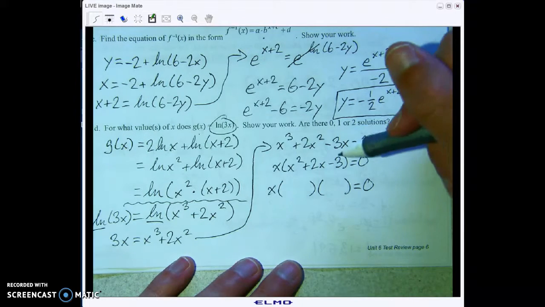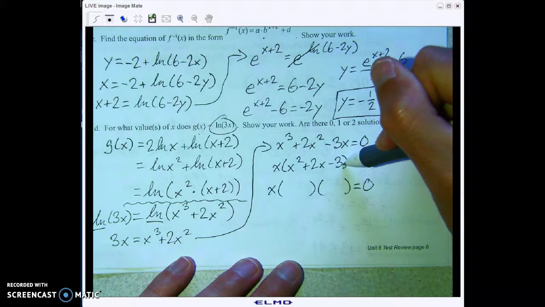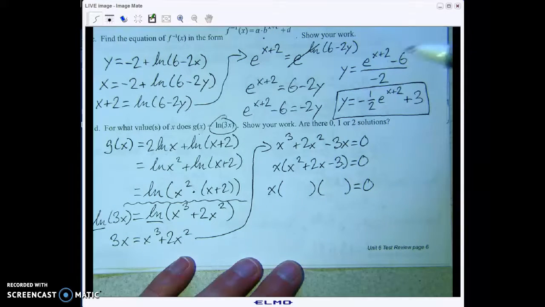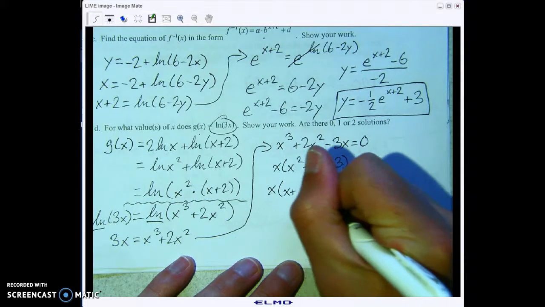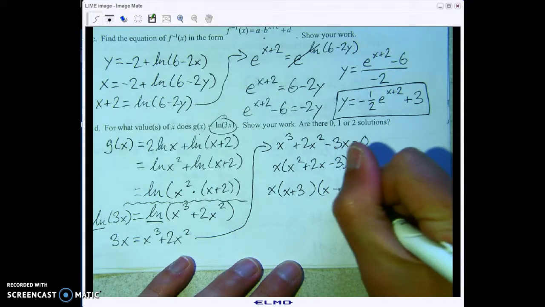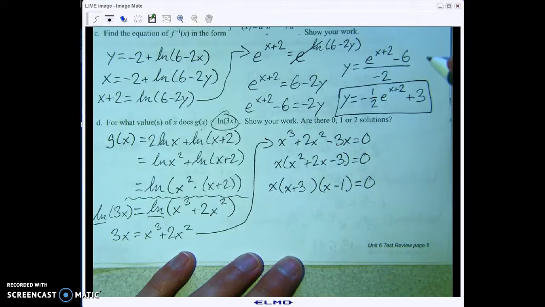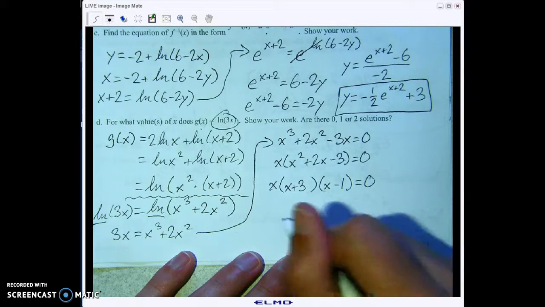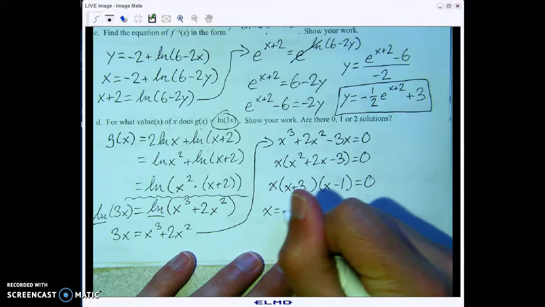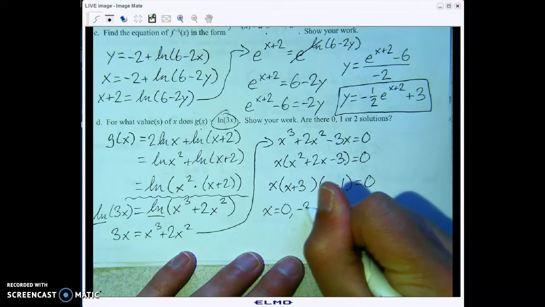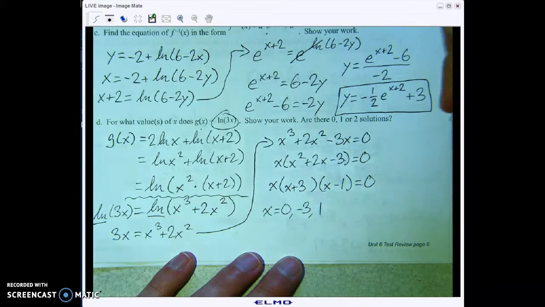Well, what are the values that multiply together to equal -3 and add up to +2? If you say +3 and -1, you would be correct. x times x plus 3 times x minus 1 is equal to 0. So what are my three solutions? Turns out we're going to get x is equal to 0, -3, and +1.